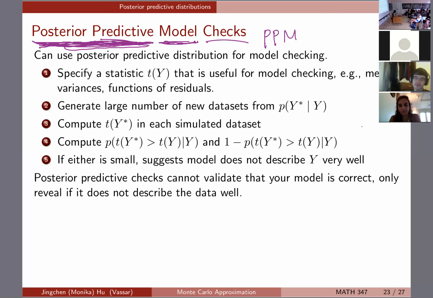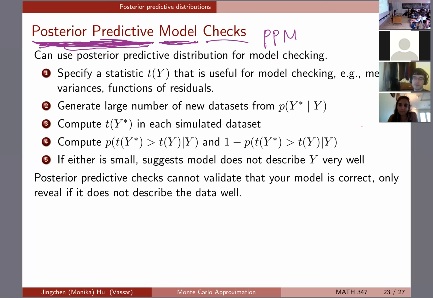If you generate a lot of them, you can compare a statistic of interest, say the mean, the variance, or a quantile, against the same statistic in the original data. That can give you some measure of how good your model is doing.